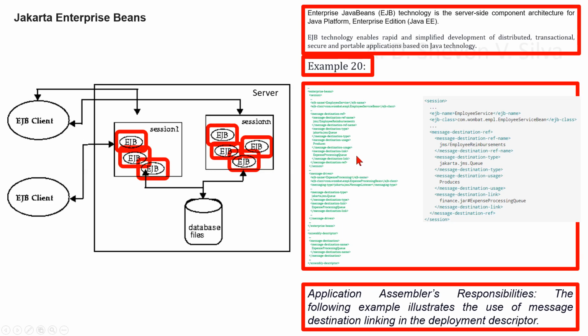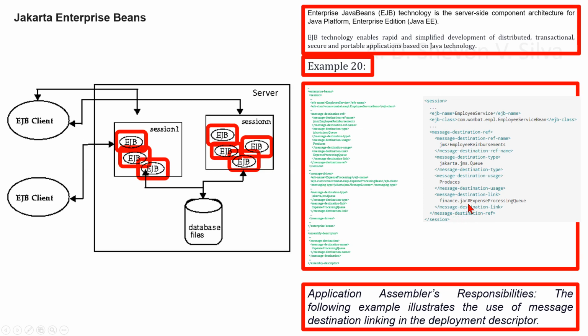The application assembler specifies the path of the EJB jar file containing the referenced message destination, appends the message destination name of the target destination, separated from the path name by a hash.